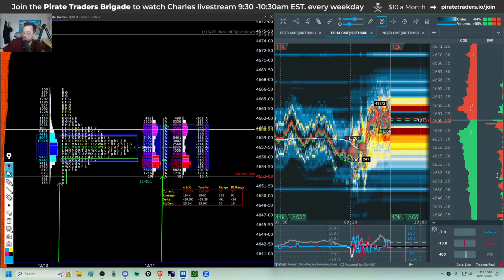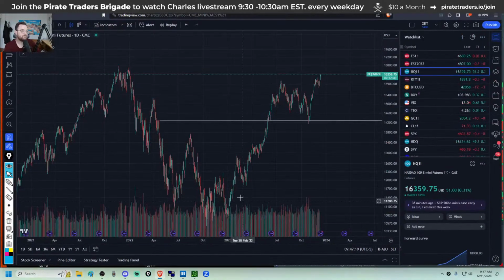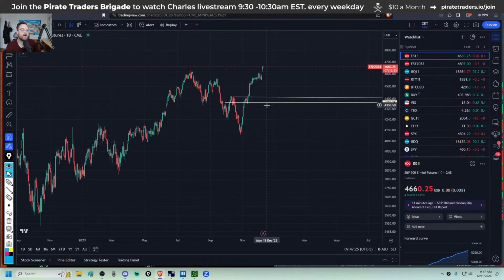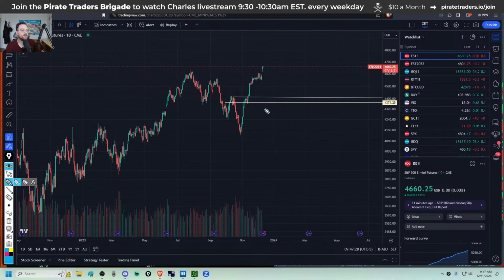But let's just use this as an example, and I'm purely making stuff up here. Let's say that I was going to make the prediction that Powell was going to speak and something big was going to happen in the market. Well, if in the next few days we get a big move up, which is a breakout of this balance and continuation higher, basically we get above the overnight high, we find support, we start heading higher.